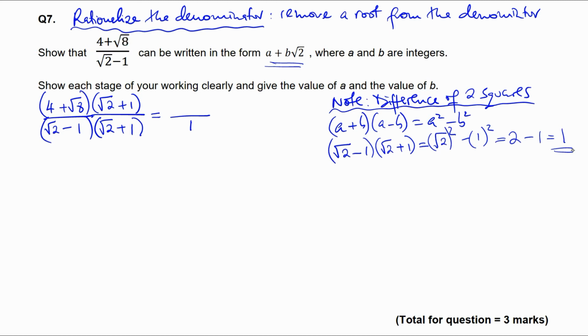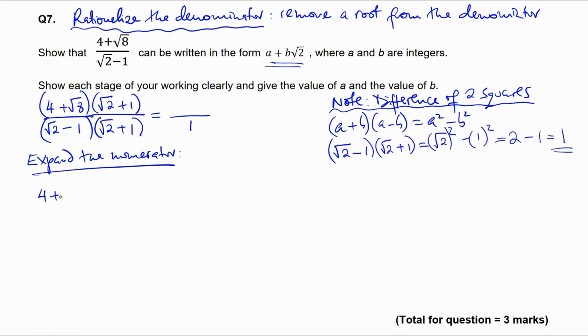Now for the numerator, we have to work it out. So let's expand the numerator. To expand the numerator, we shall use the FOIL method, what we learn in algebra.